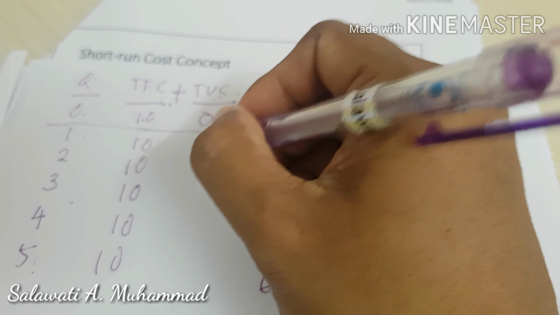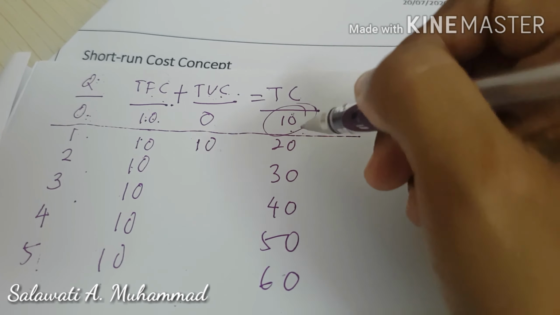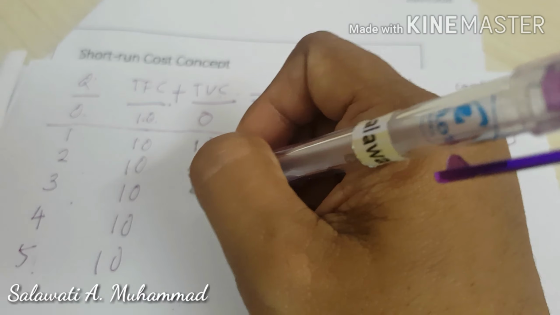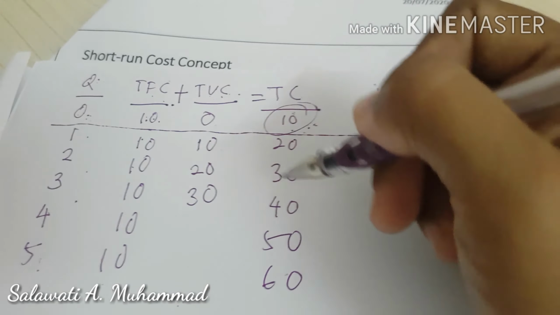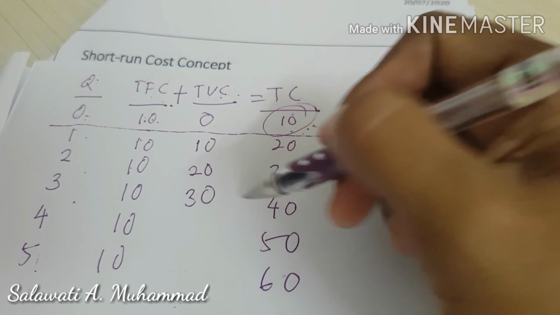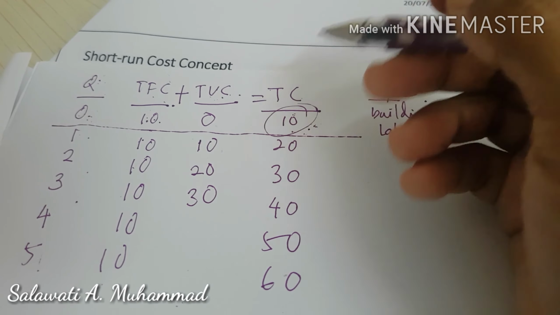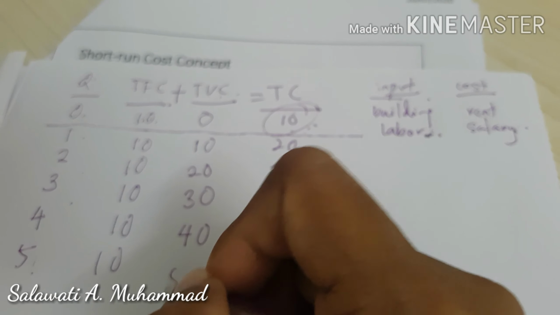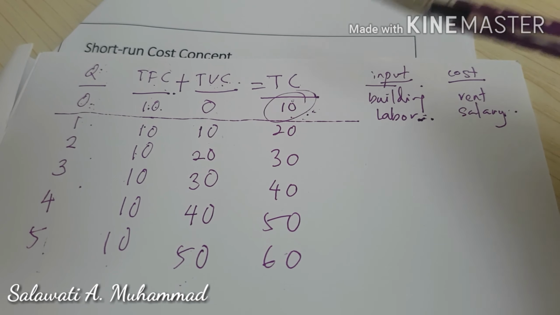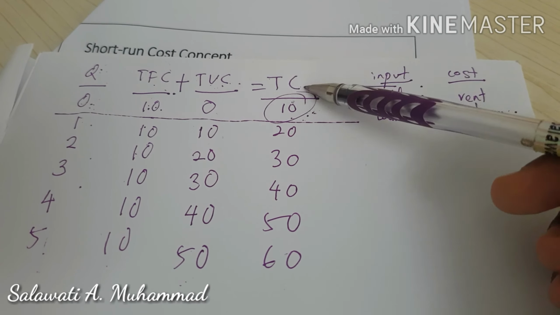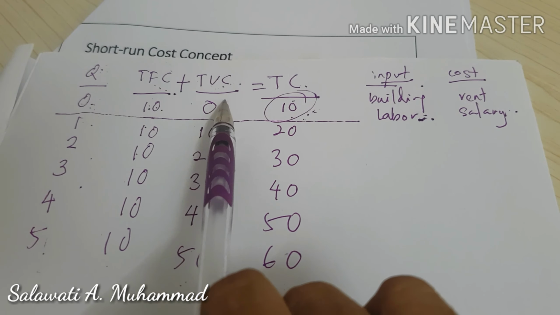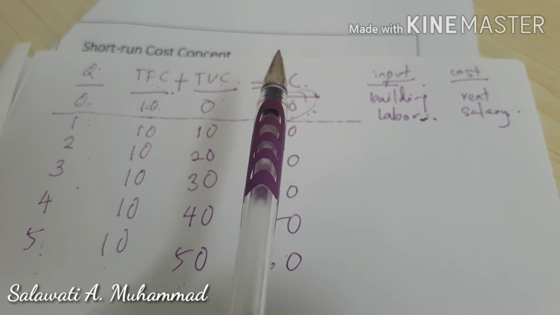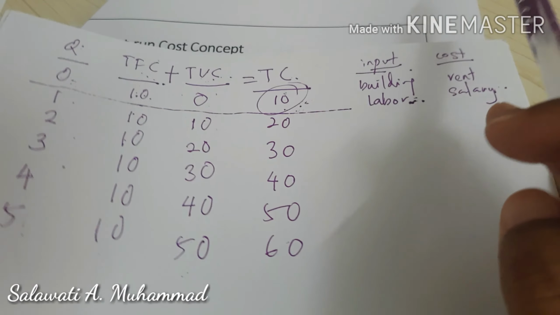This one becomes 10, so we get 20. This one becomes 20, so we get 30. Here also the same, 10 plus 30, we get 40 for our TC. And also here 40. And the last one is 50. Remember how to get TC? TFC plus TVC. Then we get the total cost amount.